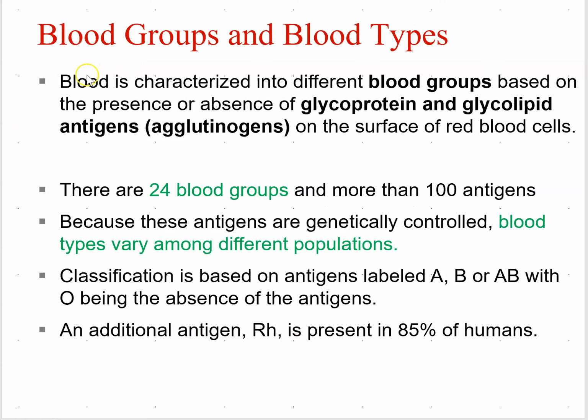The next part of the lecture is on blood groups and blood types. We know that there are some very common blood groups that you hear of. You hear of type A blood, type B blood, AB blood, or type O blood. And people have a positive or negative blood group depending on the presence or absence of the rhesus factor.